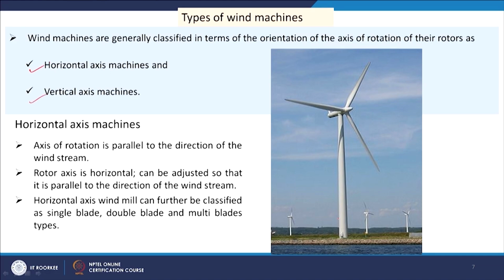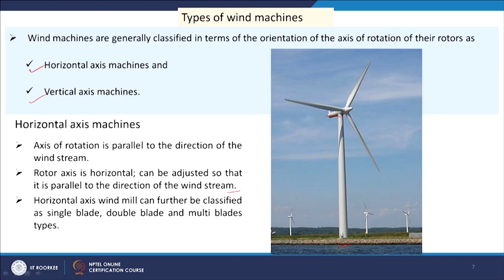Here we see a horizontal axis machine. In this machine the axis of rotation is parallel to the direction of the wind stream. So, this is our axis of rotation, the wind is also flowing in this direction, and the rotor is also there. The rotor axis is horizontal and can be adjusted so that it is parallel to the direction of the wind.